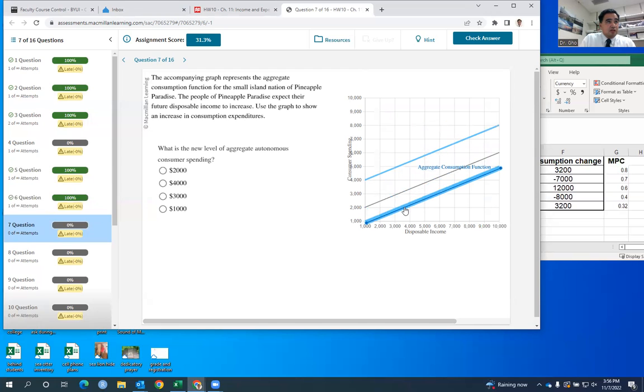If they expect their future disposable income to decrease, it would go down, but here we're looking at an increase. So 4,000. What is the new level of aggregate autonomous consumer spending? Right here at 4,000. It just went up by 2,000. The question was the increase, so it would be 2,000, but we're looking at the aggregate autonomous consumer spending. That's if disposable income is zero.